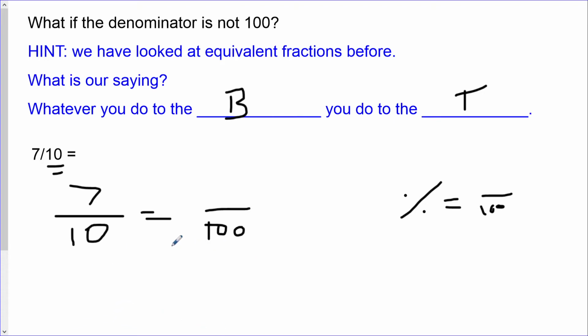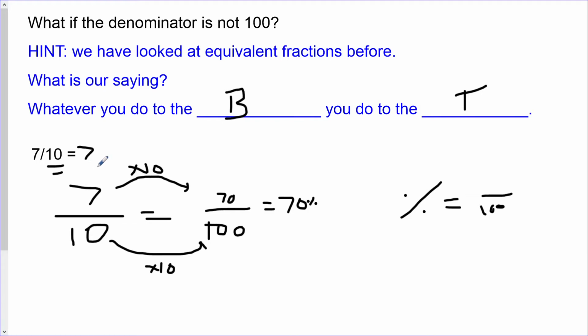Can I go from 10 to 100? Yes, I can. We should all be able to see that 10 multiplied by 10 equals 100. So 7 multiplied by 10 gives us 70. And I can now see that 70 out of 100 is exactly the same as 70%. So 7/10 is equal to, or is the same as, 70%.